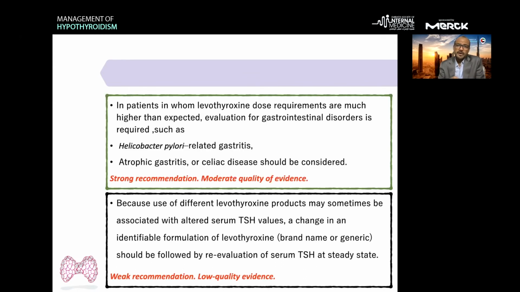In patients in whom the thyroxine dose requirements are higher than expected, we need to look, as I said, for other abnormalities like even H. pylori related gastritis or atrophic gastritis or even celiac disease, because these are malabsorptive syndromes where it affects absorption of thyroxine.